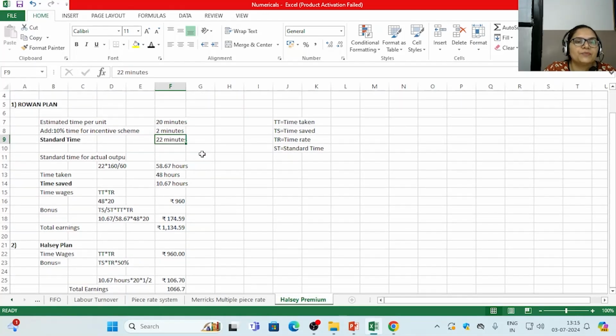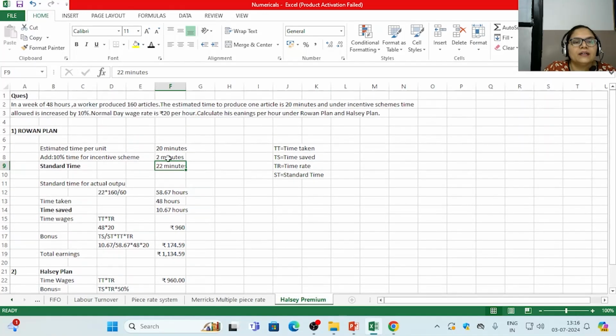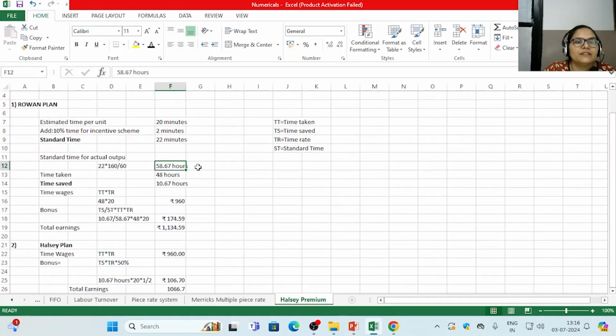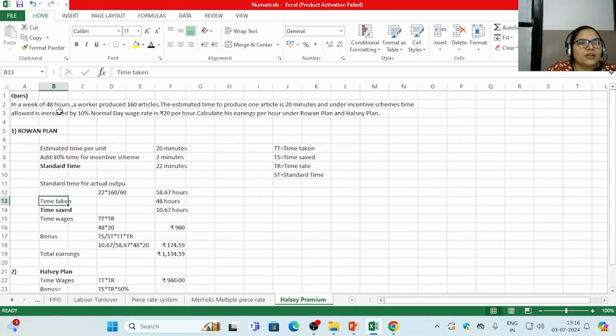It is a benchmark against which all the performance will be checked. Standard time for actual output is calculated by standard time into actual output divided by 60 minutes. So standard time for actual output is 58.67 hours. Time taken is 48 hours.